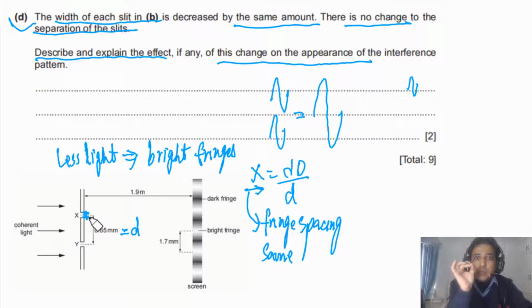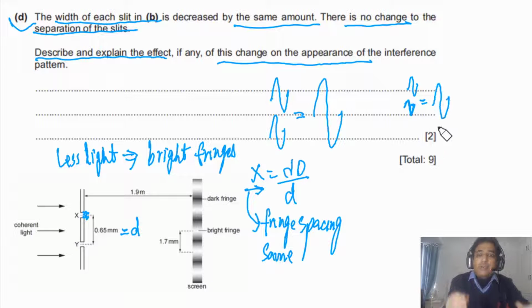If more light is coming, more waves are coming, so the amplitude will be greater. If less light is coming, the amplitude will be small.